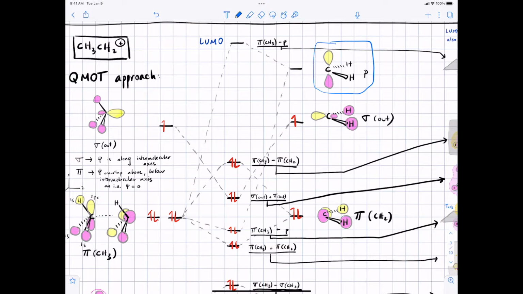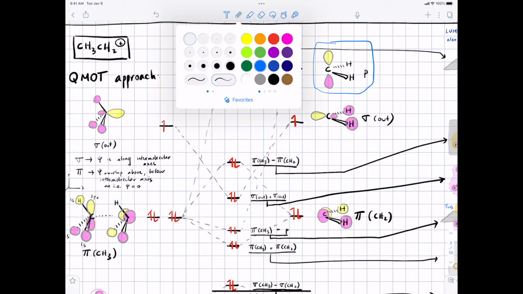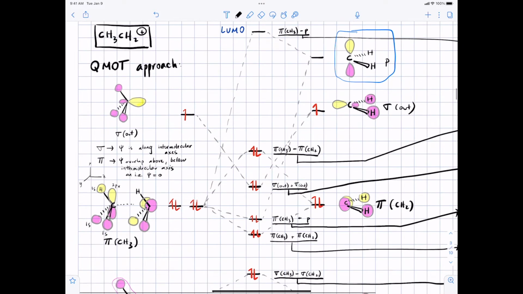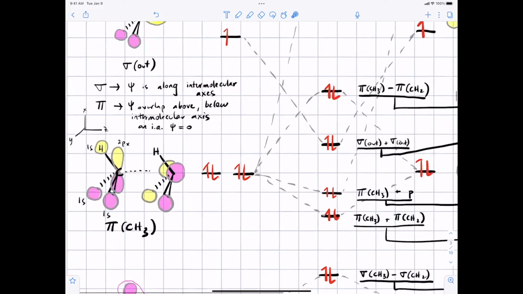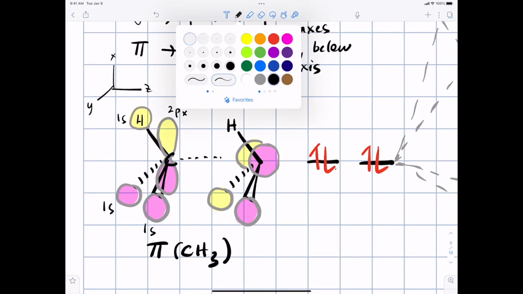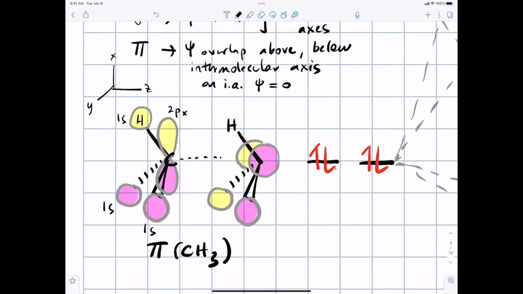Yes, go ahead. The 2px of this pi CH3, is it behind the plane or on the top? Sorry, this pi CH3, the 2px? Here? Yeah. Is it behind the plane, just like the way it is on the CH2? Are they the same?